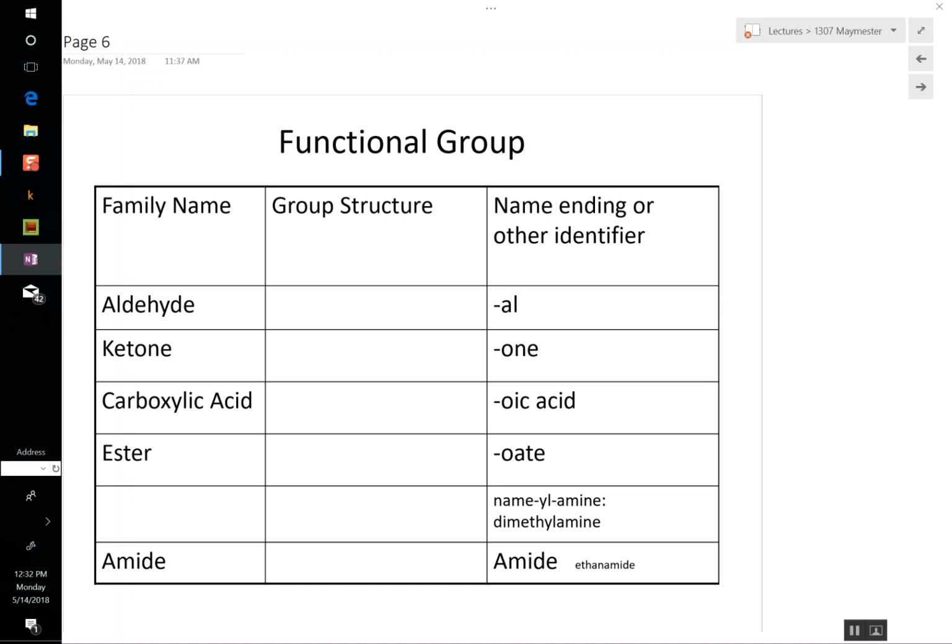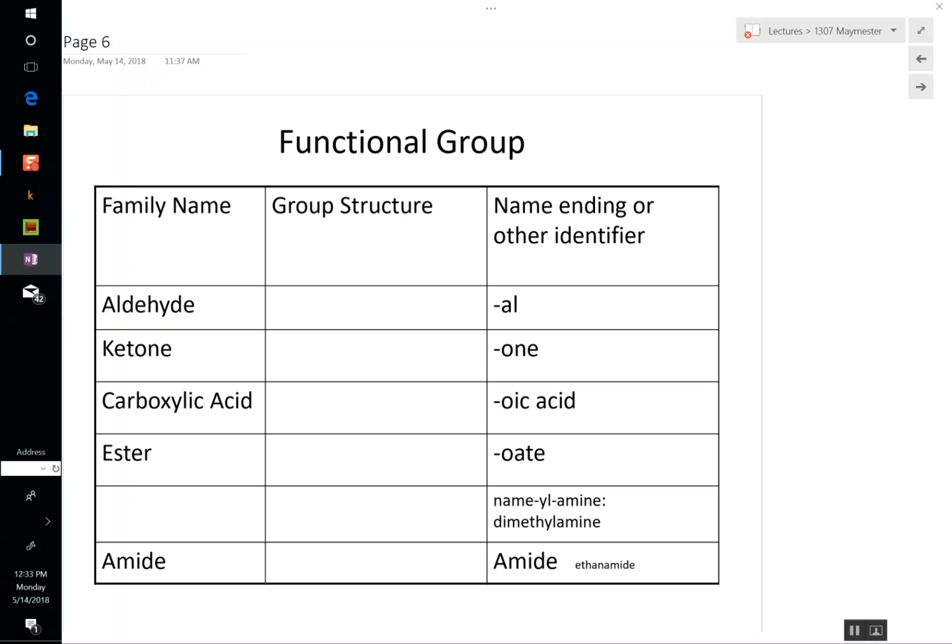Esters, what are esters? Esters have this functionality. They don't have an OH. They do have an O, but that O doesn't have an H on it, it has a carbon on it. That's an ester. We'll get to that when we get to chapter 14.